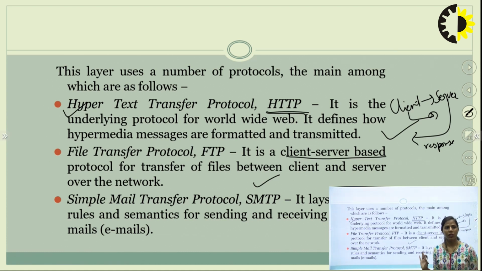That is SMTP, which provides us the various rules and semantics of the messages, how we send a message and how data is received from emails. Whatever information we transmit over email, SMTP plays a vital role in that transmission. So these are the various protocols involved in the application layer.